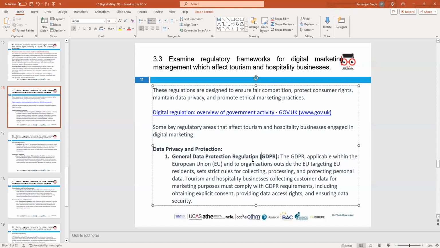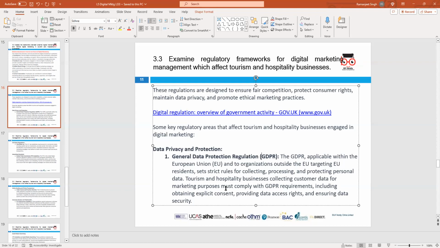So the GDPR is a very important piece of legislation that has been passed over the years. It gives people the right not to have their personal data sold to third parties. You have the right to see your data. You can demand, by paying a little bit of fees, to see what information people hold about you.